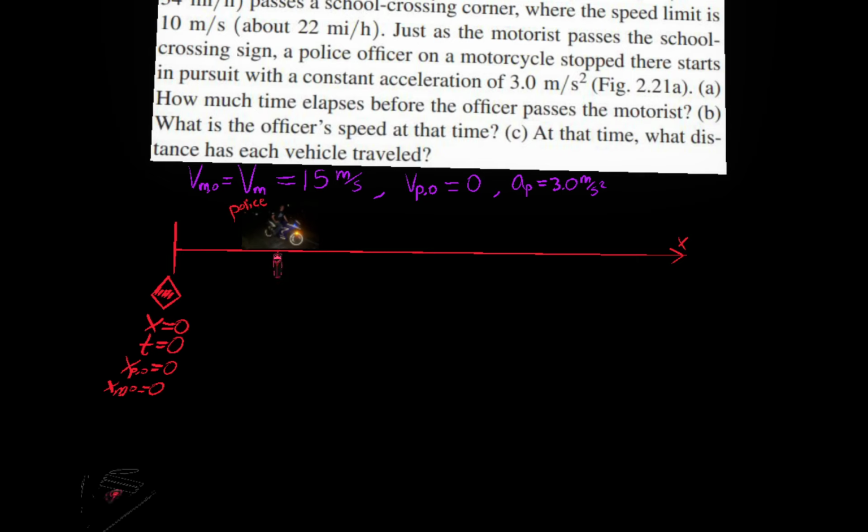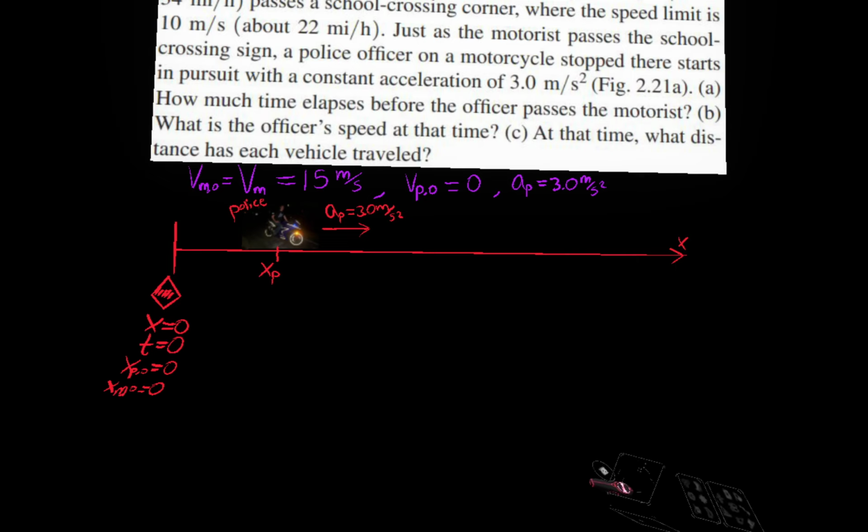And whatever position he's at this point here, that's the position of the policeman. Yeah? And he's going this way, right? He's going this direction. And he's accelerating at 3.0 meters per second squared. That's his acceleration.